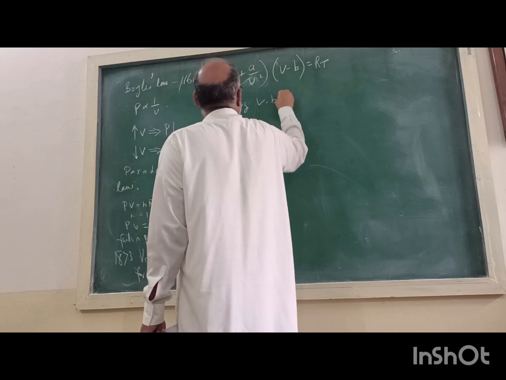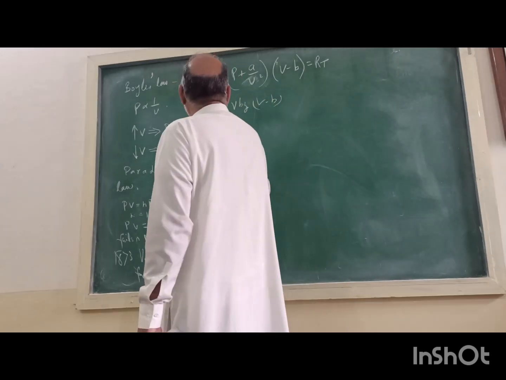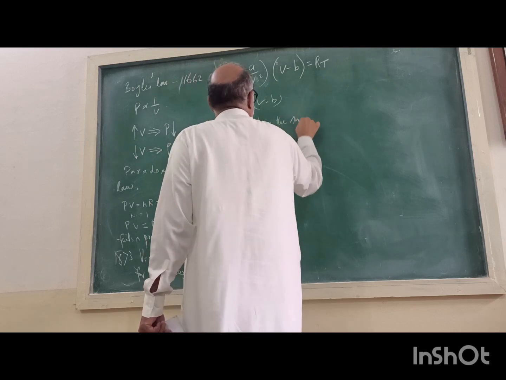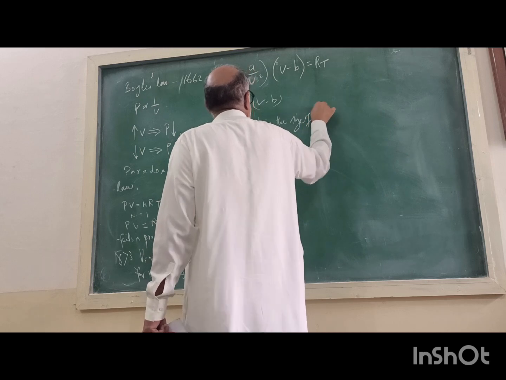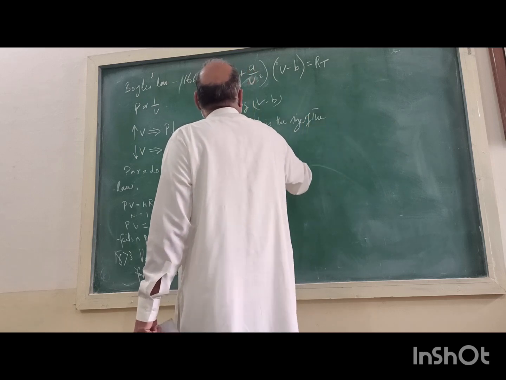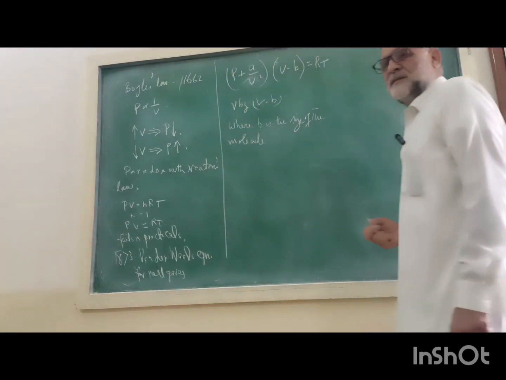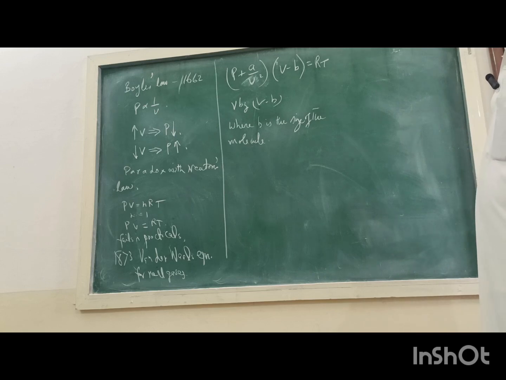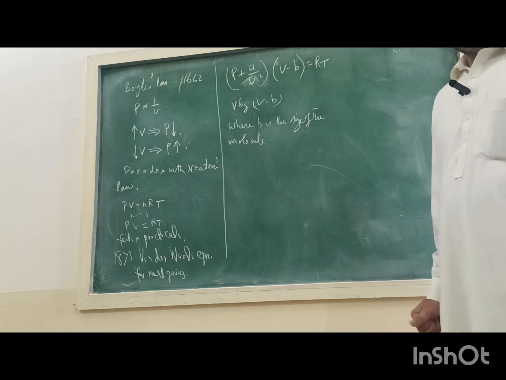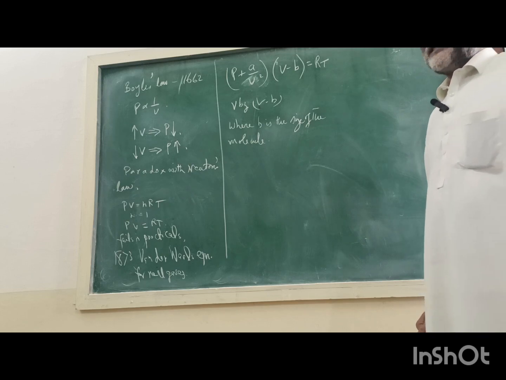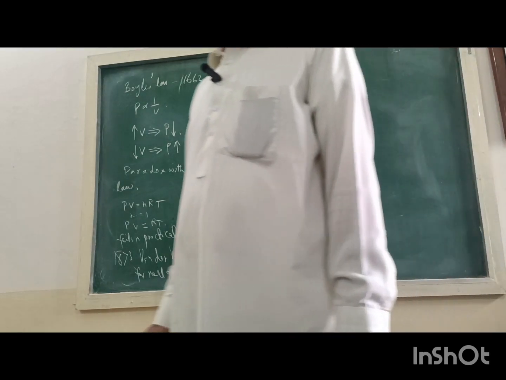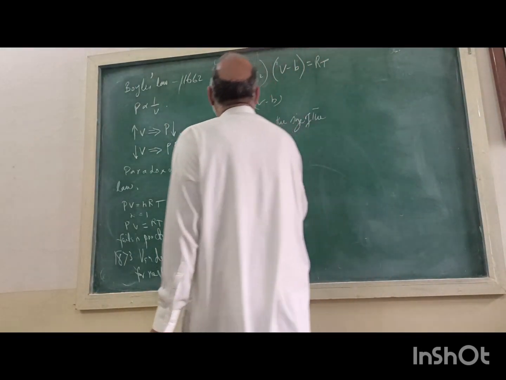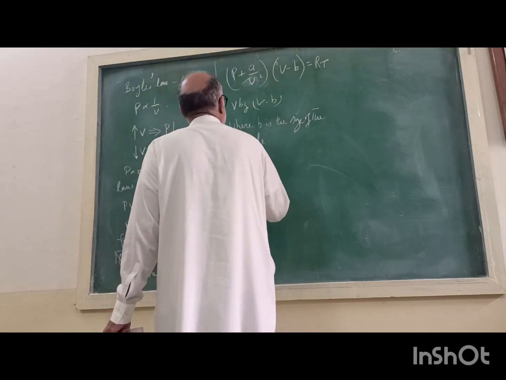V by V minus b, where b is the size of the molecule. So subtract the size of the molecule from the actual volume value. And then it replaces P by what?